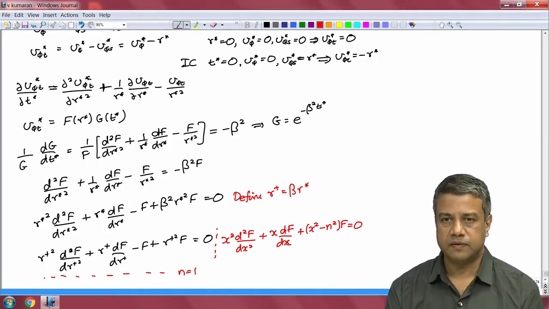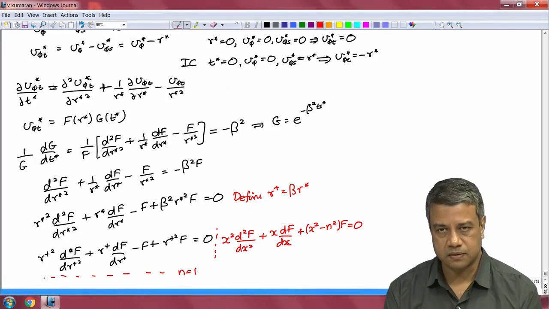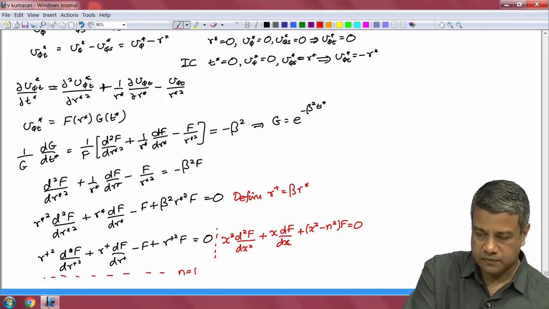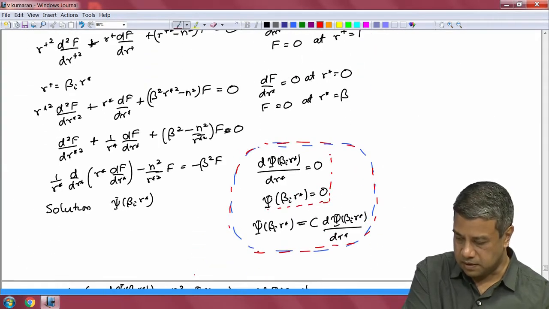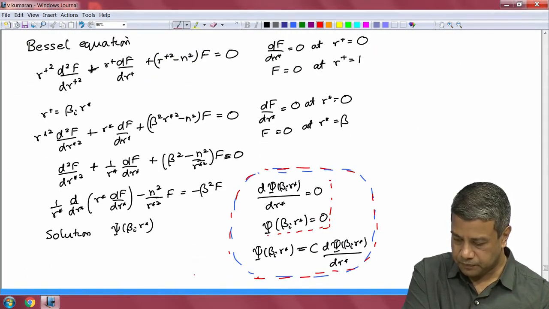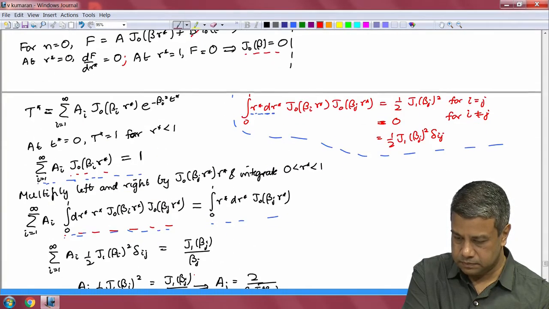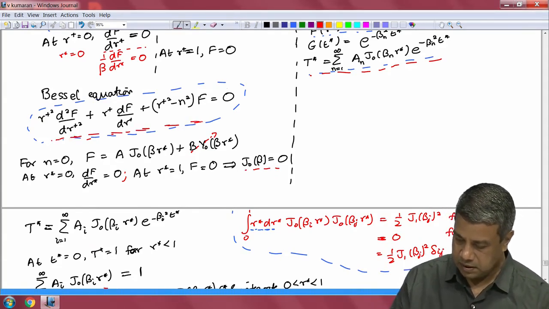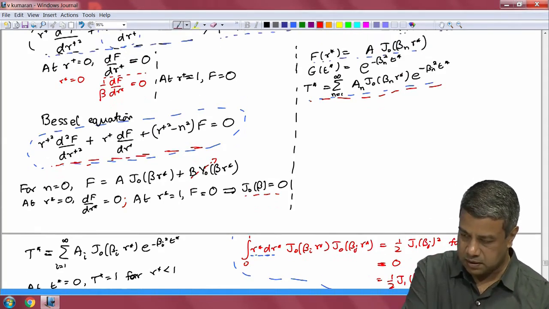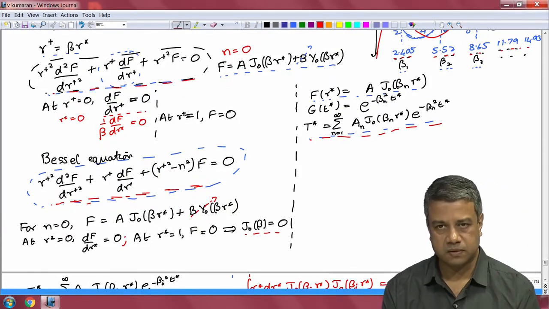When we did the problem of heat transport in a cylinder, in that case the solution was the same as the Bessel equation with n is equal to 0. And that is because the form of the differential operator was different. This was the Bessel equation that I had, and the equation that we get over here corresponds to the Bessel equation with n is equal to 0.